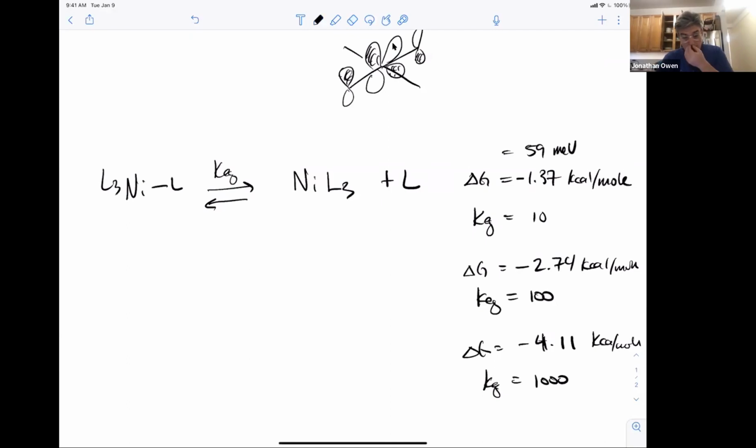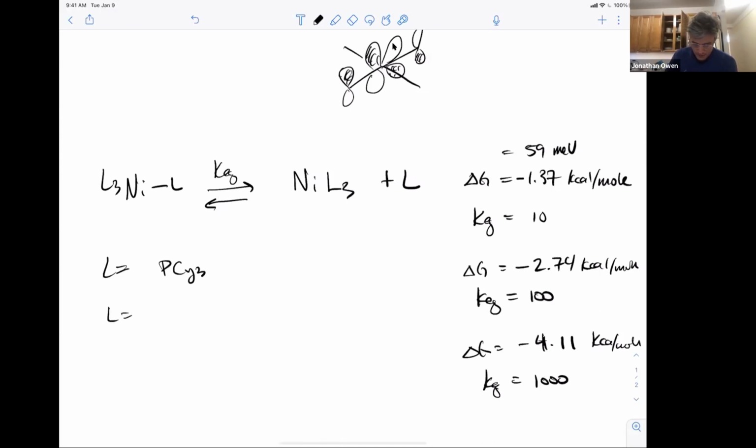Now if you have a bunch of different ligands, some of them are big, some of them are small, you can get too big. If L equals tricyclohexylphosphine, you can't make the tetracoordinate compound.